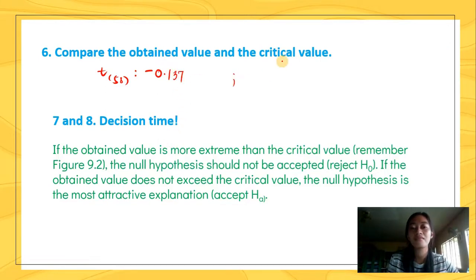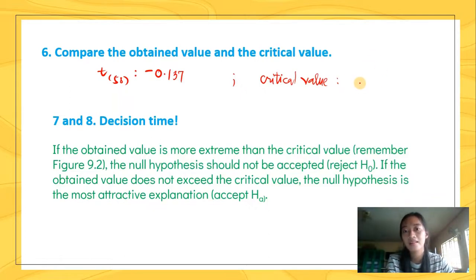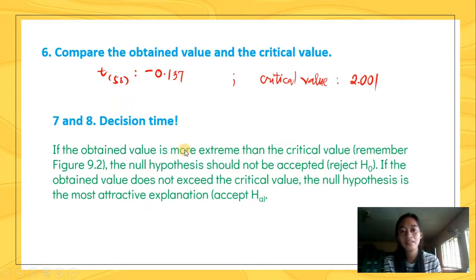Atong critical value, for the t-test table, is 2.001. So decision time: if the obtained value is more extreme than the critical value, then the null hypothesis should not be accepted.